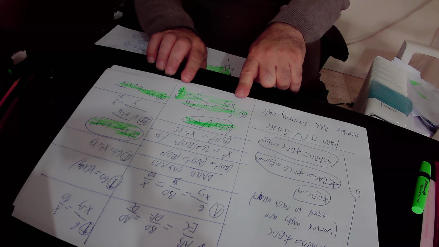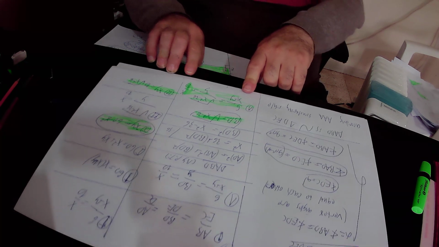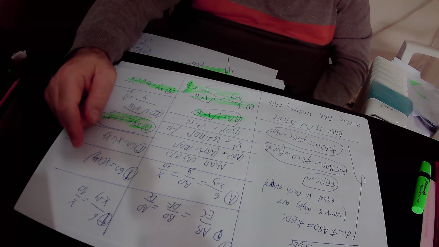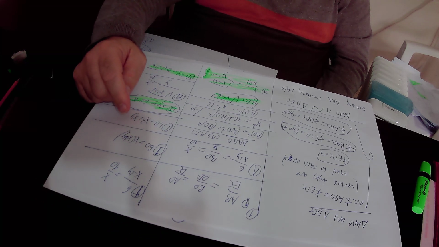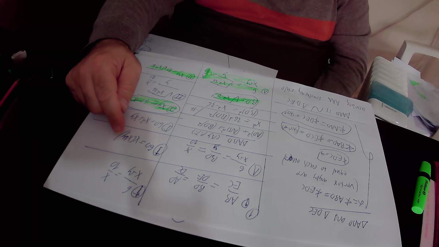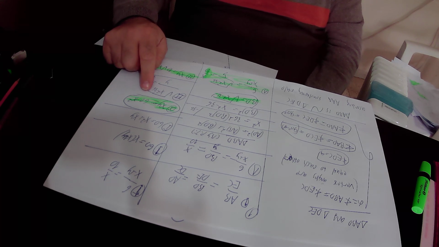Those two sides are equal to each other, so 6 over x plus y equals x over 10. We cross multiplied this equation, and finally we got that xy equals 60 minus x squared.